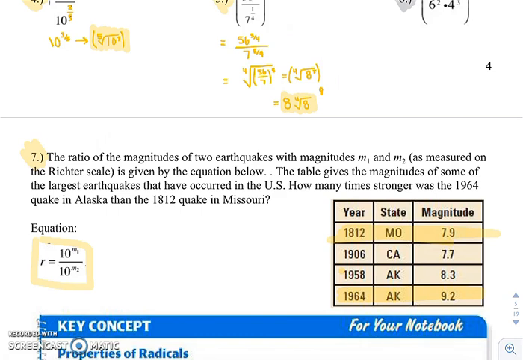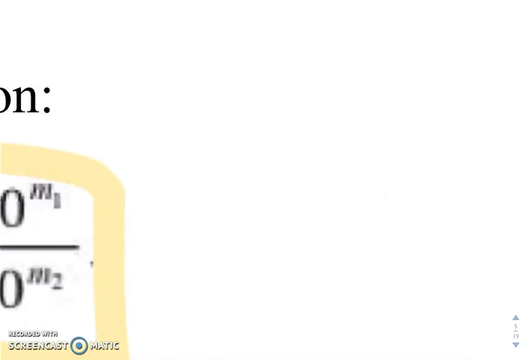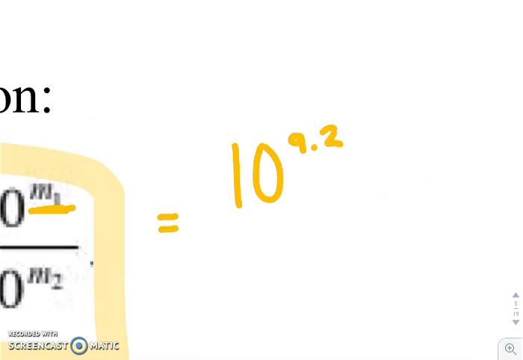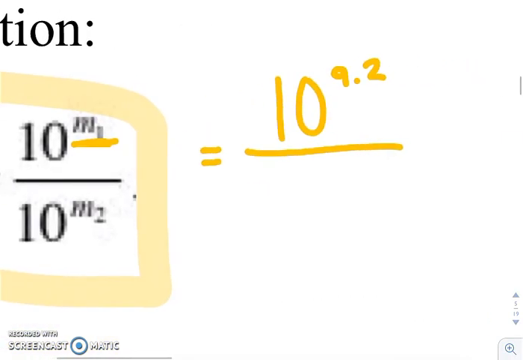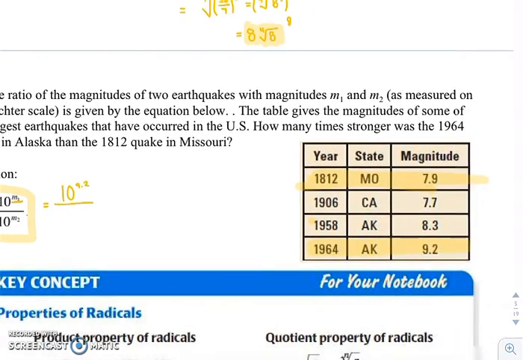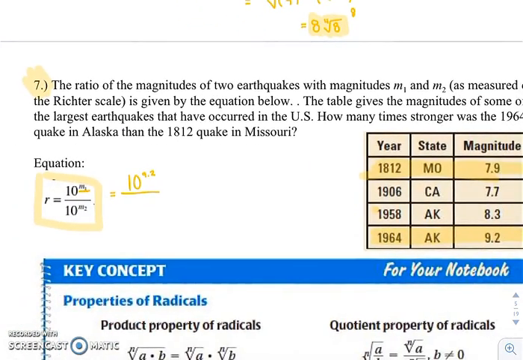So if its magnitude was 9.2, we're just going to say, okay, 10 to that magnitude. 10 is part of your equation. We're just writing in the magnitudes of what we were given. And then the magnitude of the second one it's talking about is the Missouri one.